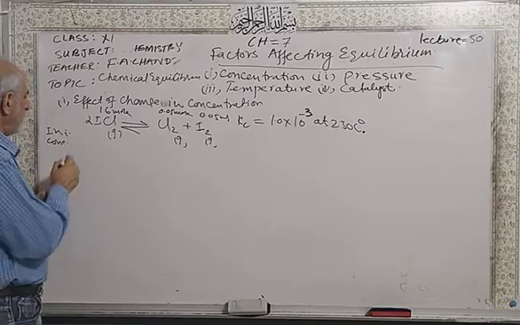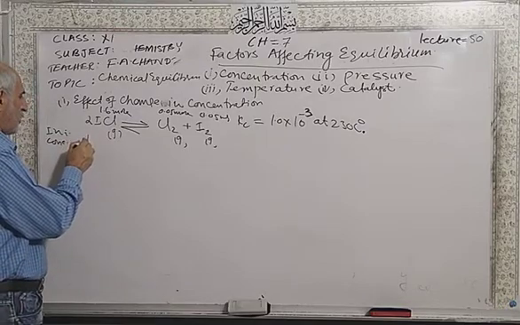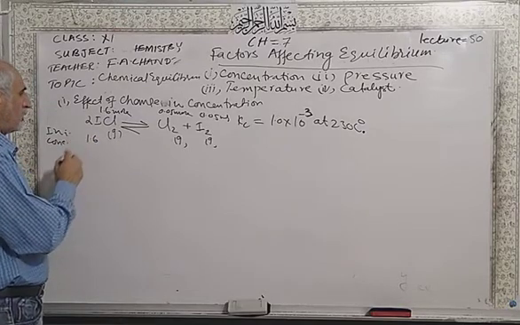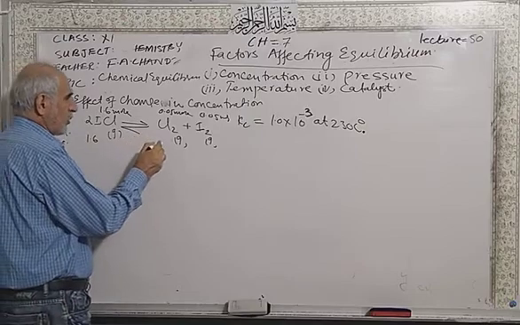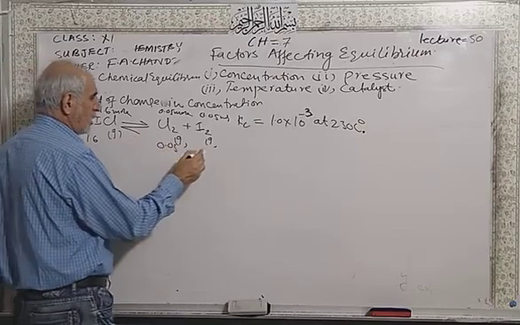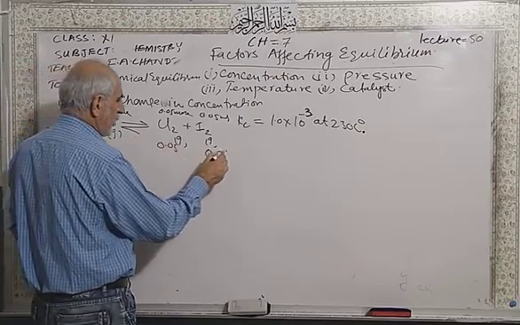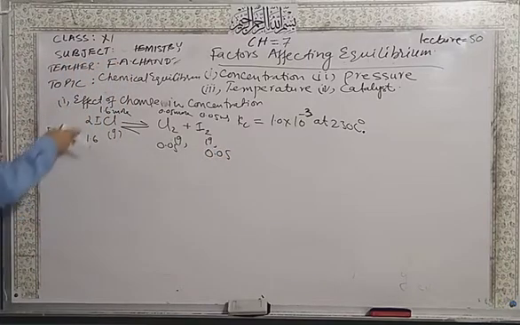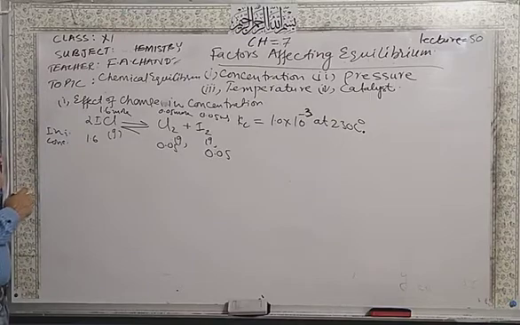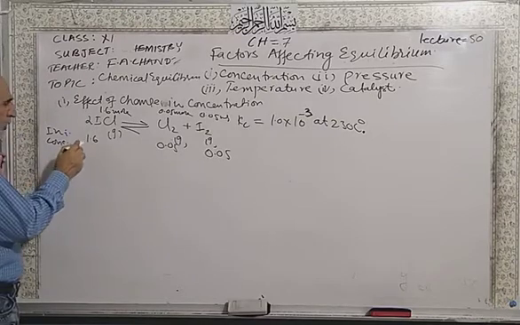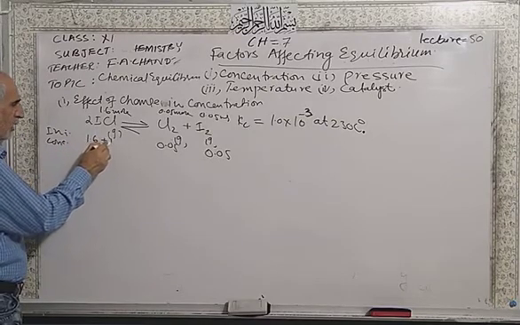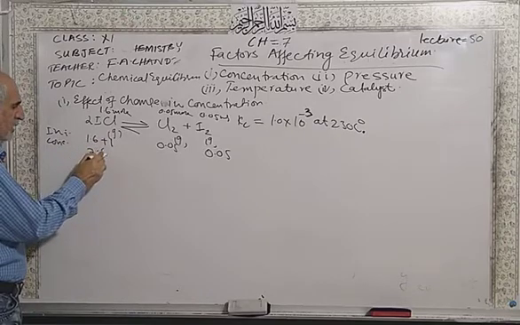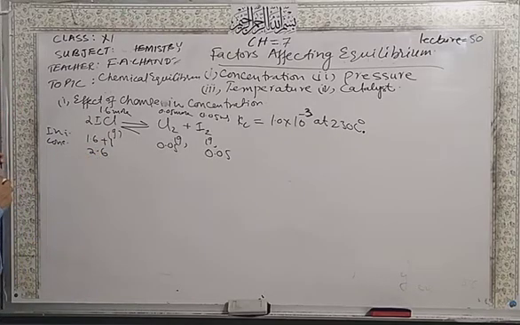Initial concentration is 1.6. Initial concentration is 0.05 moles. Initial concentration is 0.05 moles. Now when you add 1 mole more, this will be 2.6 moles.